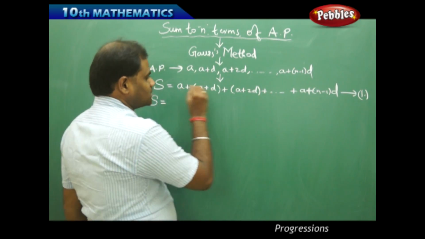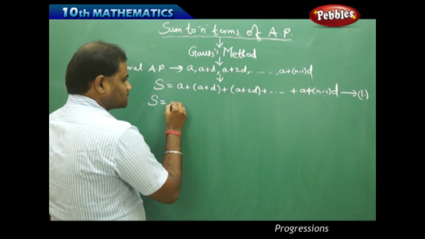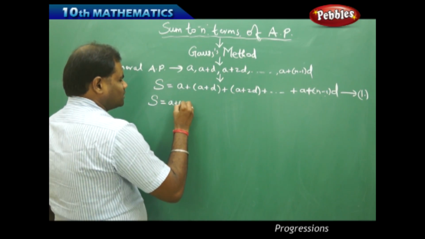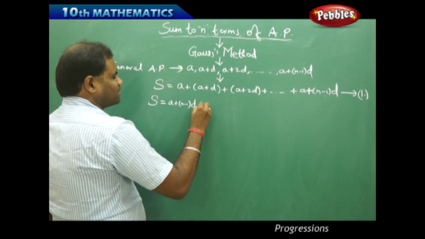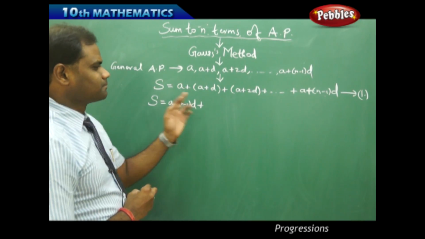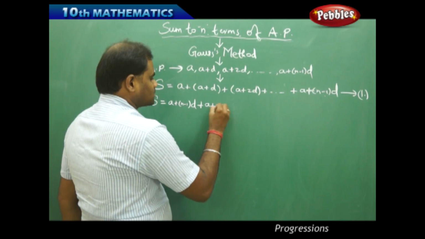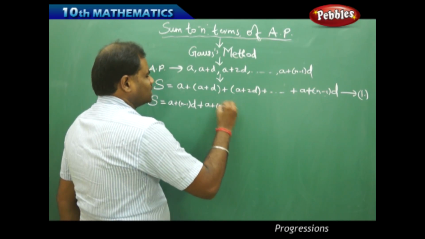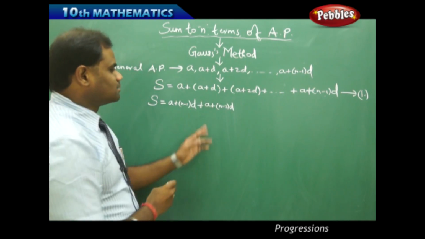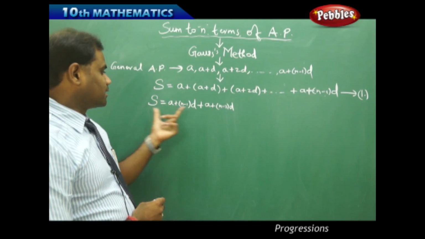My first term is a, therefore the last term becomes the first term out here. So I get a plus n minus 1 d as the first term, and then the term before this, a plus n minus 2 times d, will be the second term of the second expression.